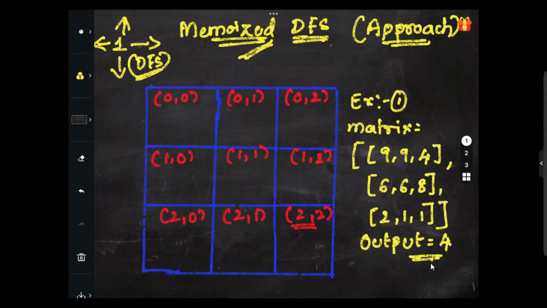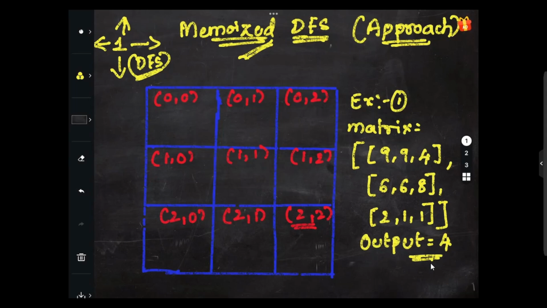If DP of i, j has already been computed, then we return the stored value instead of recomputing it. This is important, as it ensures that each cell is visited only once, optimizing the time complexity. I hope this is completely clear.